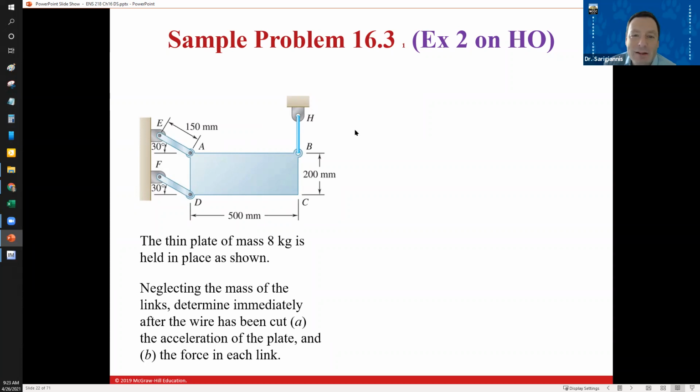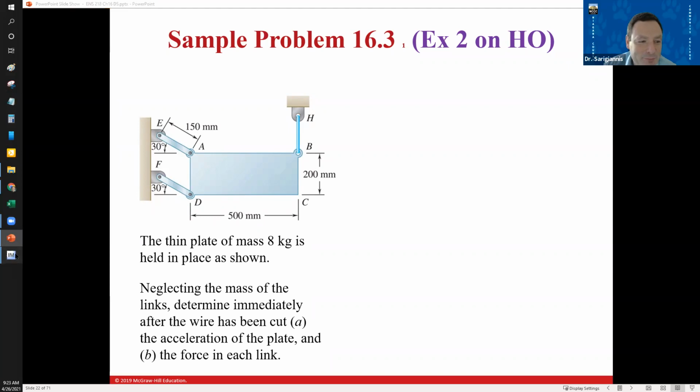So this is going to be cut, and at that instant, as it starts dropping, it's not going to drop straight down either. Notice that. It's going to sort of go at an angle because you've got these links here. So let's sketch this out and see what the heck is happening.